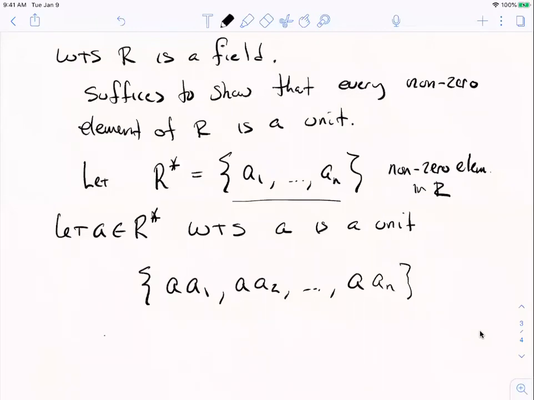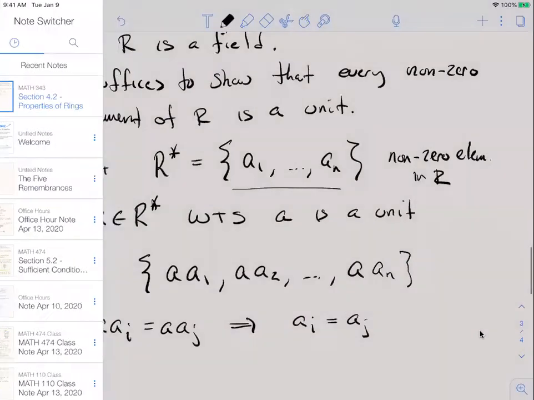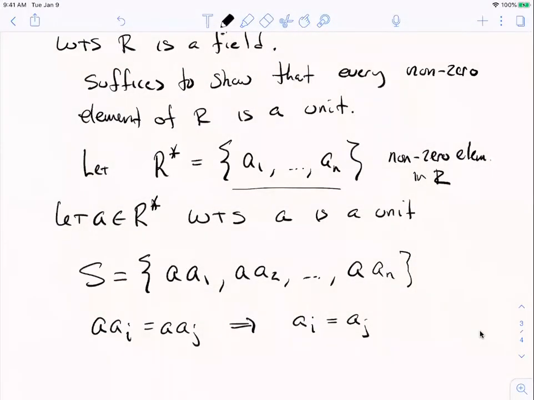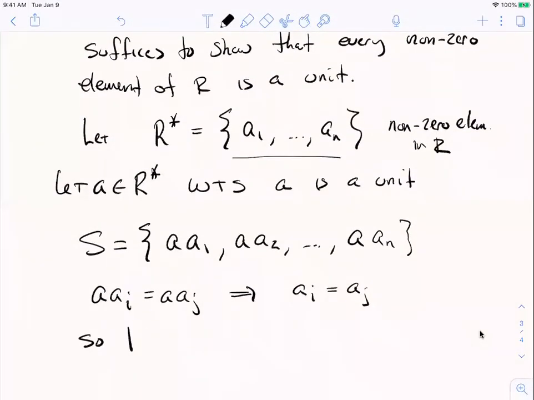Because note, if A times AI is A times AJ, well then AI is equal to AJ by the cancellation law. This integral domain has no zero divisors, so we have a cancellation law. So that means that this set, let me just give it a name here, S, also has n elements.